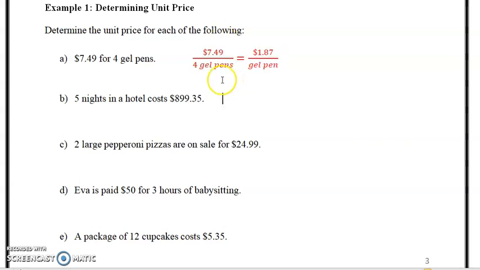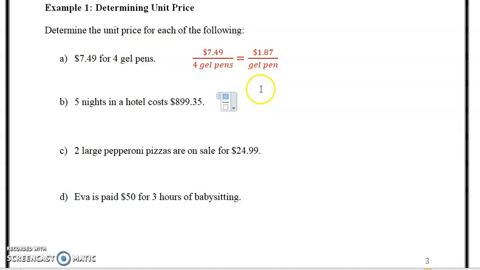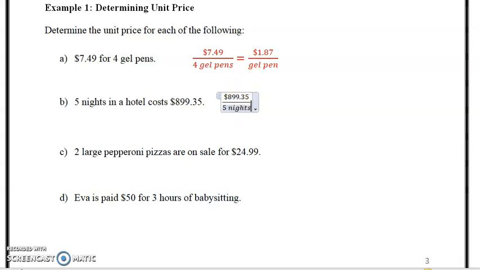The next question asks, if we had 5 nights in a hotel and that cost you $899.75, what is the total cost per night? So we do the same thing. We create a ratio of the cost. Total cost is the numerator. We divide that by the denominator, which is 5 nights.